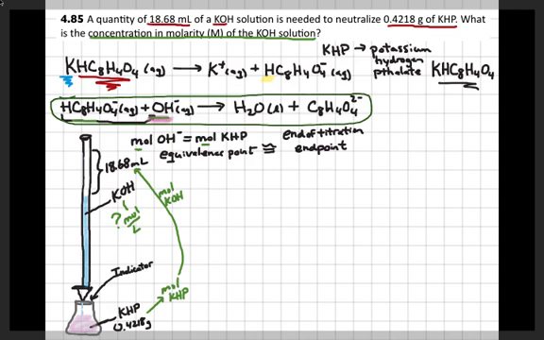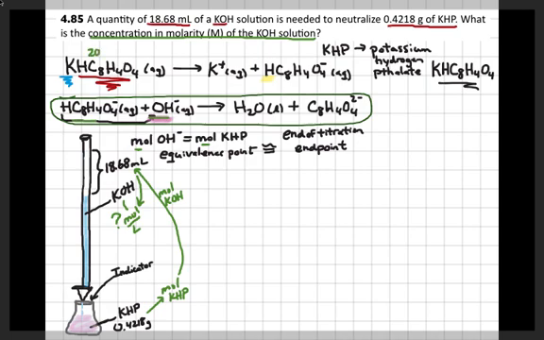And then using that number of moles and the volume, we can calculate the concentration. So we're going to go from mass of KHP to moles of KHP, and then using the balanced equation, the moles of KOH, and then finally to the concentration of KOH by dividing the number of moles by the volume that was titrated.